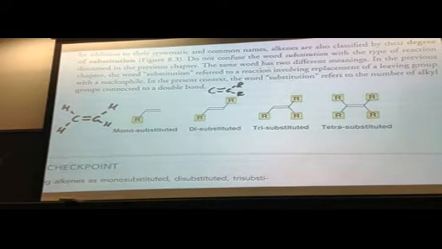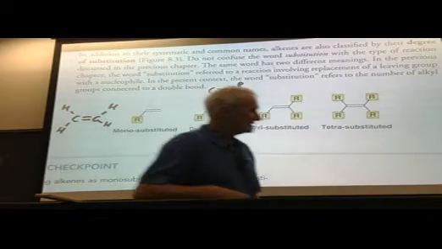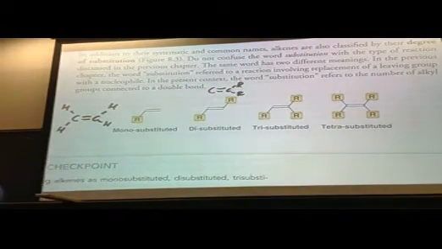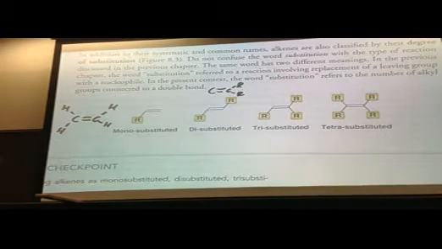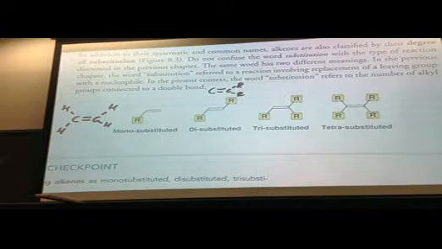Before I go on, let me just tell you, cis isomers typically aren't as stable as trans isomers. Can anybody give me a reason why? This is the cis isomer. Put a hydrogen here and here. Here's the trans isomer.